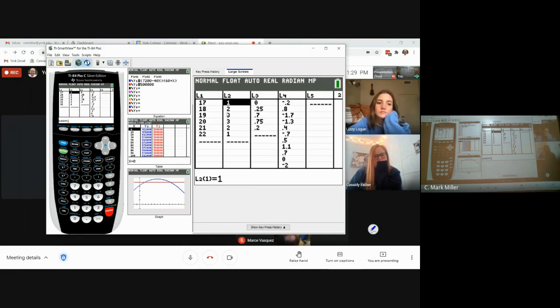We entered it as a frequency distribution. I'm going to go over here, go up, clear down, up.